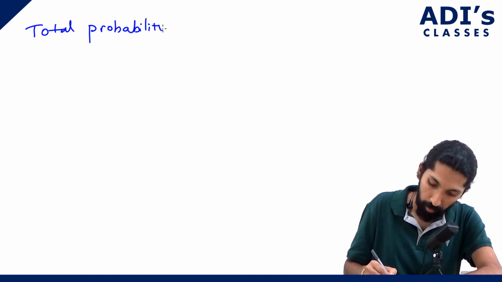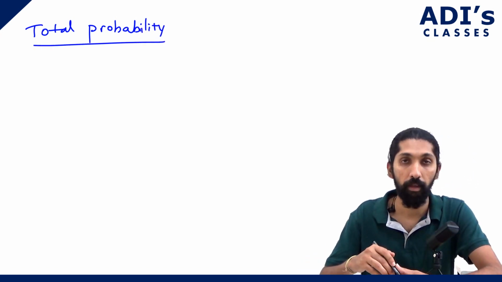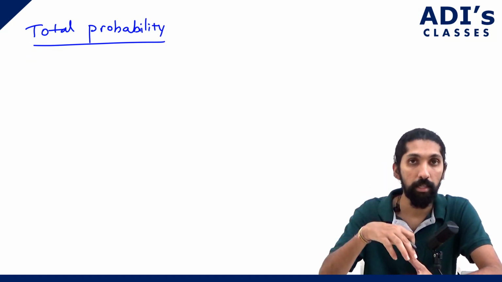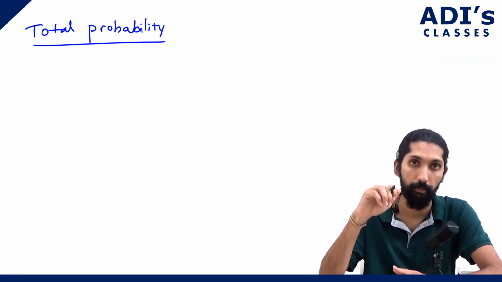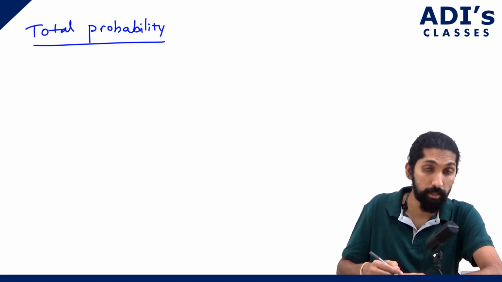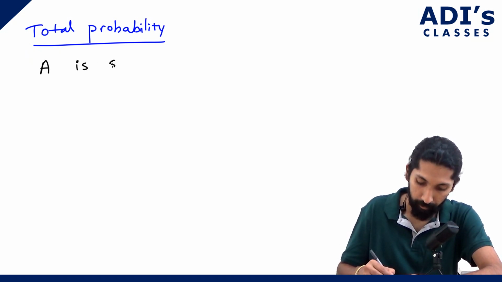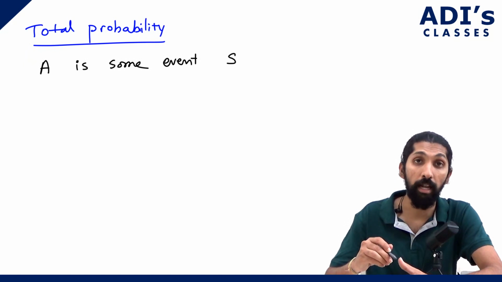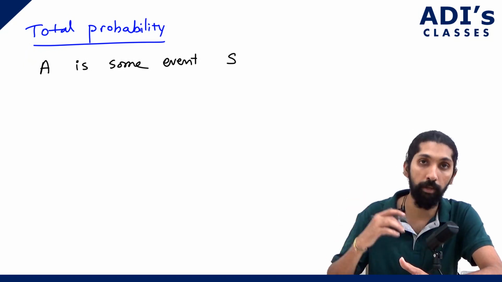See, total probability talks about the probability of some event happening in the particular sample space, where the sample space has been divided into multiple partitions. All right. Let's say we can consider that A, capital A, is some event in sample space S. And this sample space, we are partitioning it into n number of events.